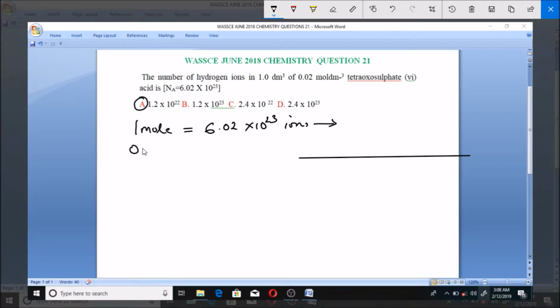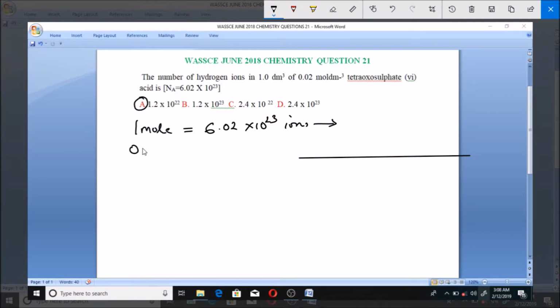To calculate this X number of ions, we can cross multiply, so that we have 0.02 times 6.02 times 10 to the power 23, all over 1.